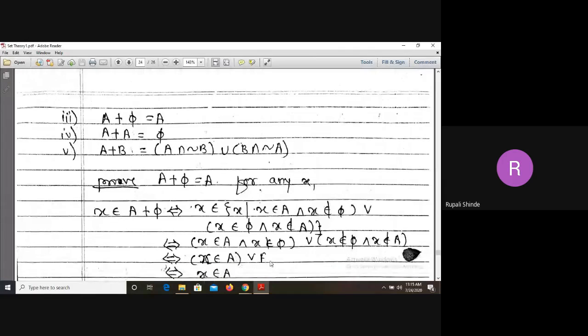So its answer is x belongs to A. So again from both the sides we can cancel x belongs to. That's why A plus phi is equal to A. So here we have just applied the definition, very easy. We just have to remember the definition for that particular operation.